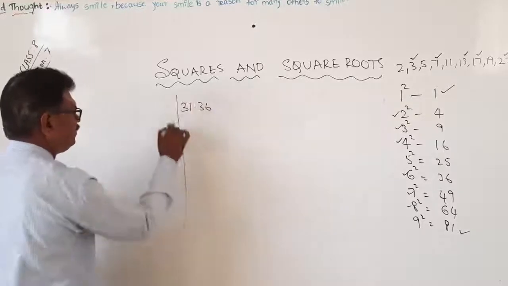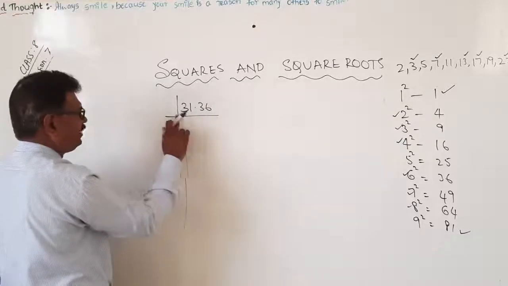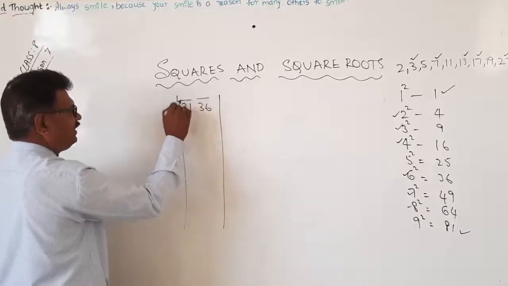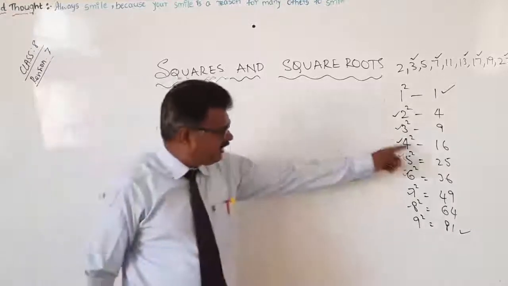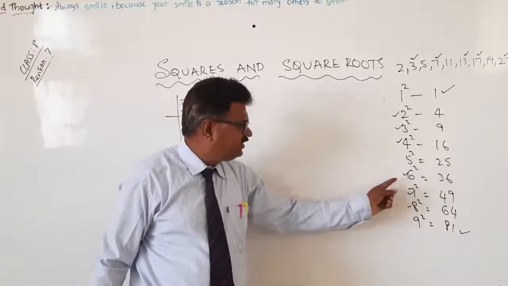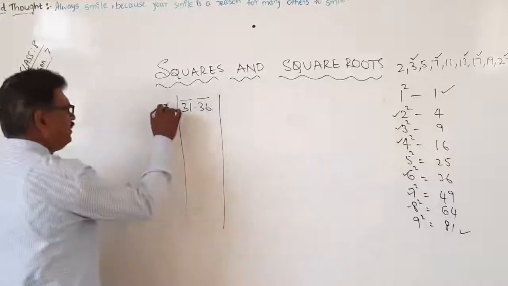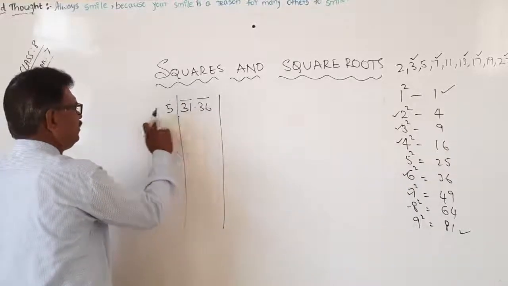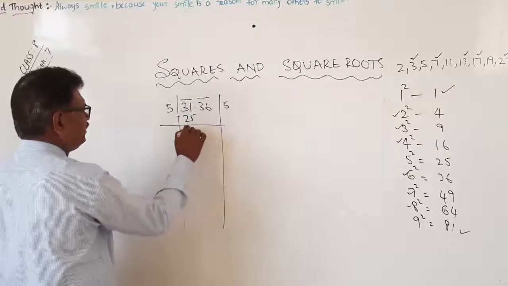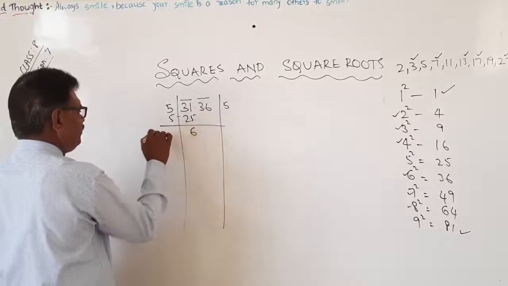31.36. Now see, same. See 31, where does it lie? Between 5 square and 6 square. We should take the smaller one. Therefore it is 5. Here also 5. 5 into 5 is 25. 6. 5 plus 5, 10.